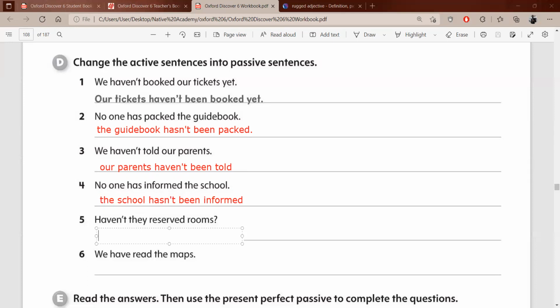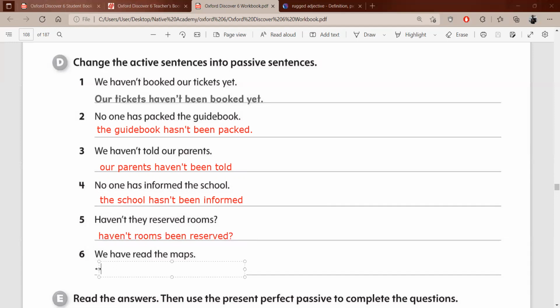Haven't rooms been reserved by them? Haven't rooms been reserved? It's okay, just like that. You can end the question here. Haven't rooms been reserved? Okay, the last one: they have read the maps.